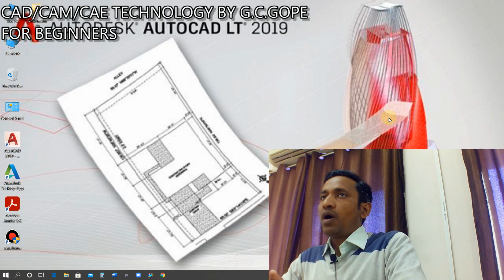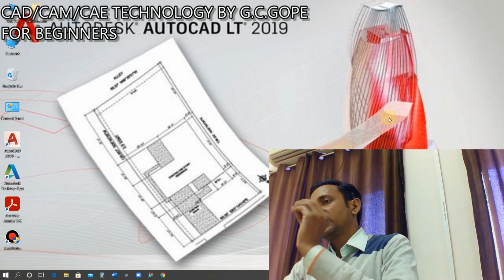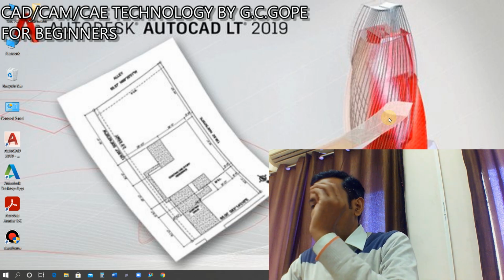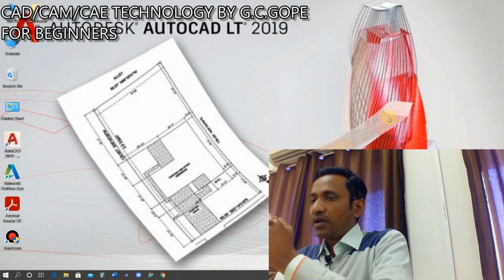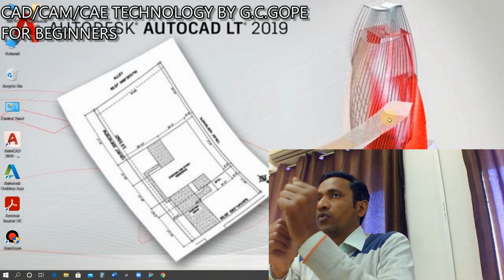So how will we prepare a program? We will prepare a program with the help of some alphanumerical codes. These alphanumerical codes consist of three basic elements. The first one is G code and the second one is M code.